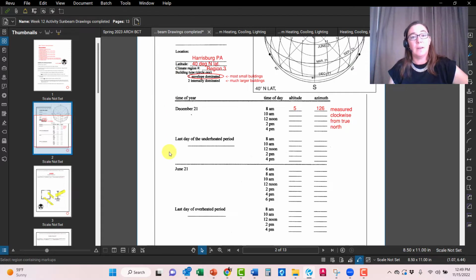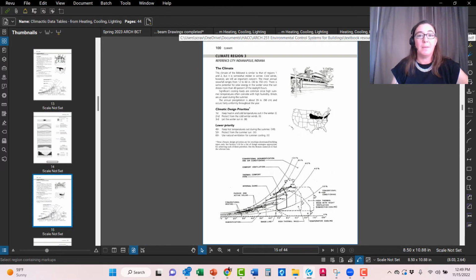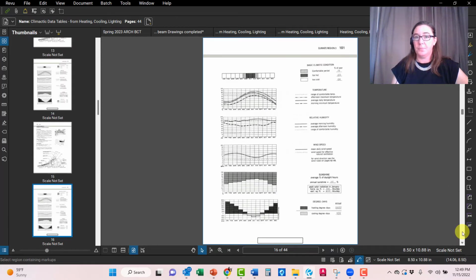And down here we have a date for the last day of the underheated period and the overheated period. Now this is climate data, so let's pop back to our climate region and turn to the second page, and let's look at this section right here.